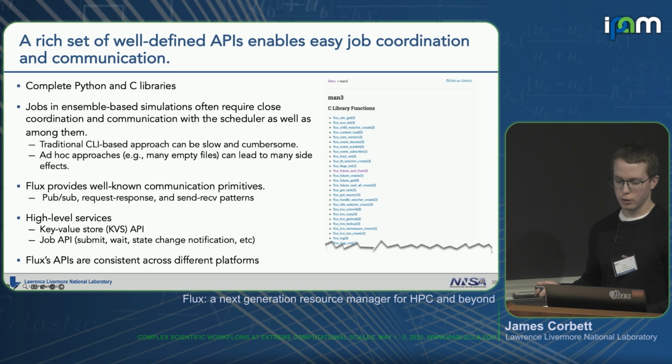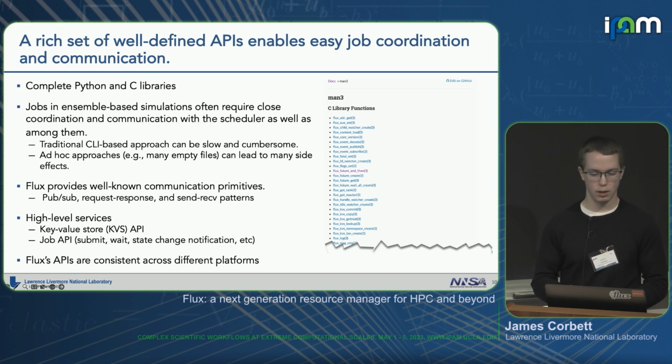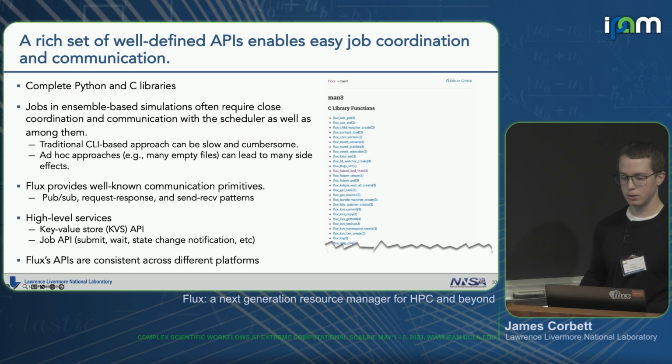Furthermore, there are also functions in these libraries for registering and communicating with services. If your workflow tool is split into multiple components, they can use Flux's communication network to communicate with each other using one of the communication patterns that Flux supports, which includes pub/sub, request-response, and send-receive.